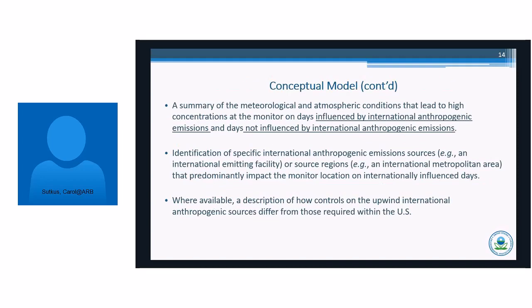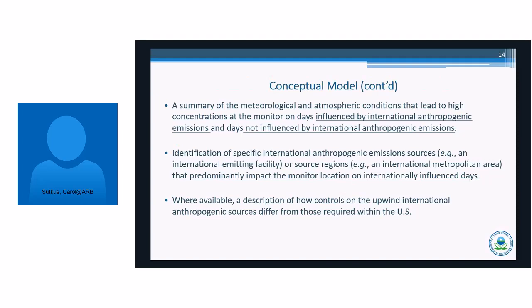In addition, a conceptual model could include a summary of meteorological and atmospheric conditions that lead to high concentrations on monitor days that are influenced by the international anthropogenic emissions, and compare or contrast that to the days that are not influenced by international anthropogenic emissions.